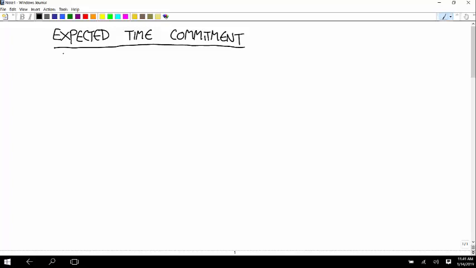If you Google expected time commitment for a college or university class, you'll get a bunch of hits from very different universities all over the country. And they'll pretty much all say the same thing. For every hour in lecture, you should expect to spend 2 to 3 hours on the class outside of that.